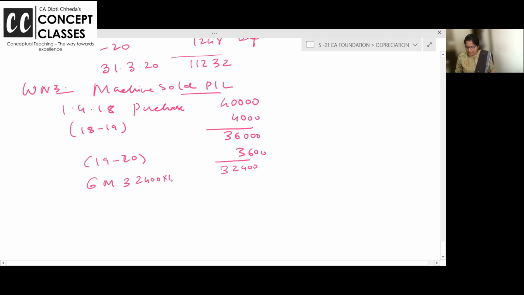What rate are you taking? 10%, 6/12. It's coming to 1,620. Orally also you can do it: half of 240 and half of 3,000. I hope you are getting what I am saying orally. 32,400 into 10% into 6 divided by 12, 1,620.